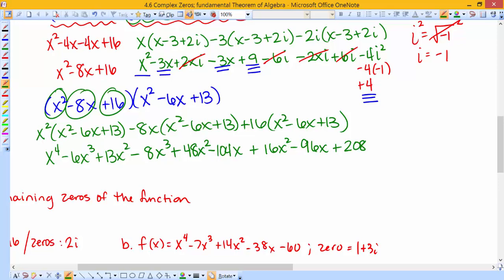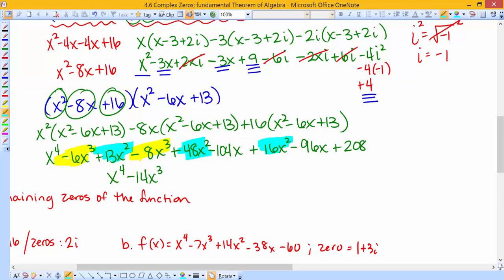So I'm going to start with my x to the fourth, because standard form is largest exponent to smallest exponent. I have no other x to the fourths. Now I'm going to look at my x to the thirds. Negative 6, negative 8. Okay, that's easy. So negative 14x to the third. Now I'm going to look at my squares. Okay, not going to be as easy. So 13 plus 48 plus 16.